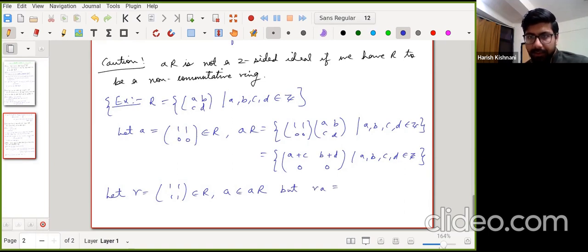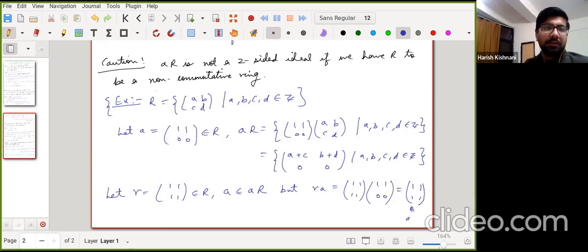So R of A is 1, 1, 1, 1 times 1, 1, 0, 0. Multiplying, it's again coming out to be R, but that is not inside AR, because in the set AR, the second row is the 0 row.